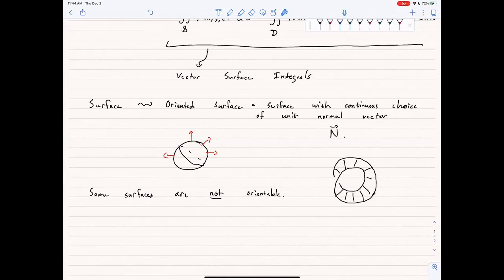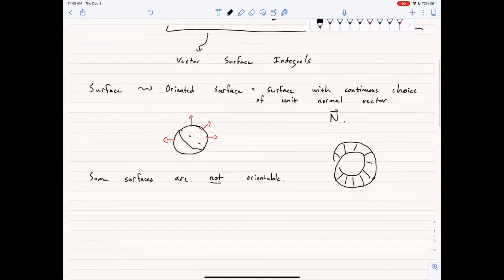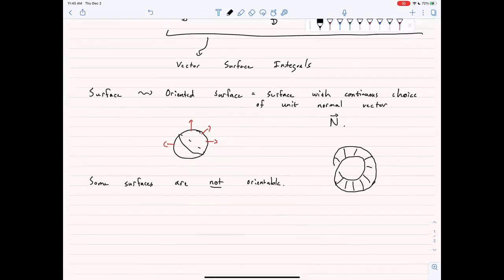We don't really know the topology of the universe, but such things happen mathematically. And so if we're going to do these vector surface integrals, we need a surface that does have an orientation. So we're not going to be doing these types of integrals on such surfaces.